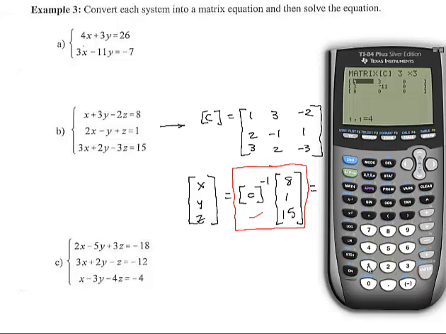And our elements are 1, 3, negative 2, 2, negative 1, 1, 3, 2, and negative 3.